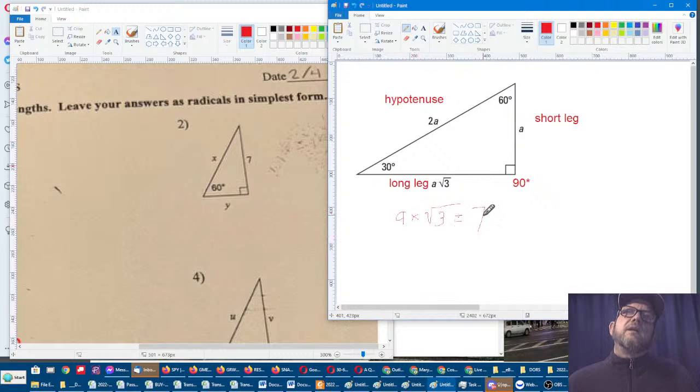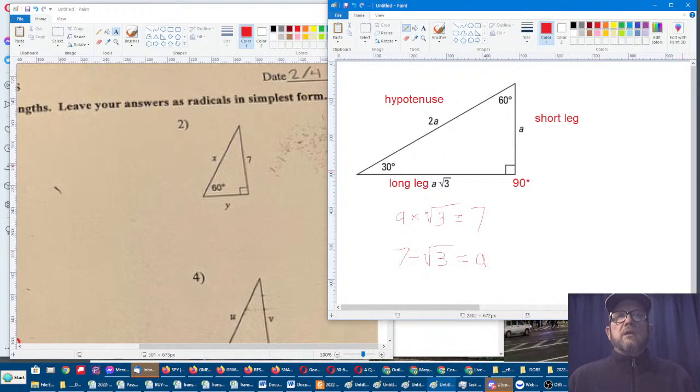So we need to take 7 divided by square root of 3 to give you the A. So 7 divided by square root 3 equals A.